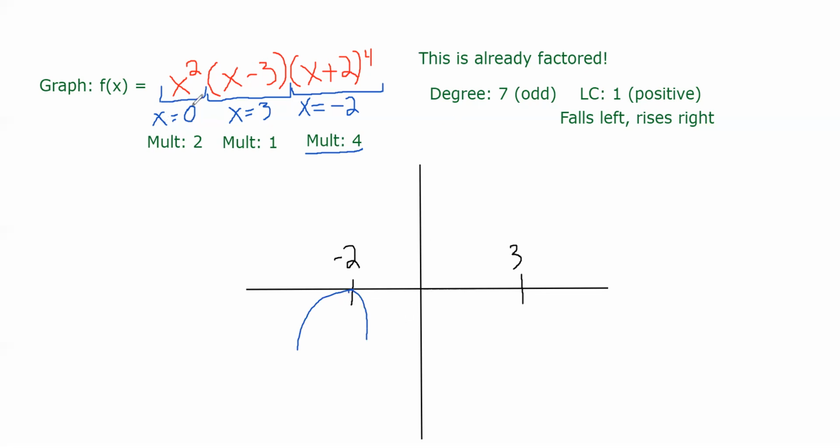But then it needs to come back up because it has to come up and touch the x-axis again at x equals 0. So it's going to do something like that. And then at an x value of 0, that also has an even multiplicity. So it's going to try again to cross the x-axis and it's going to fail.